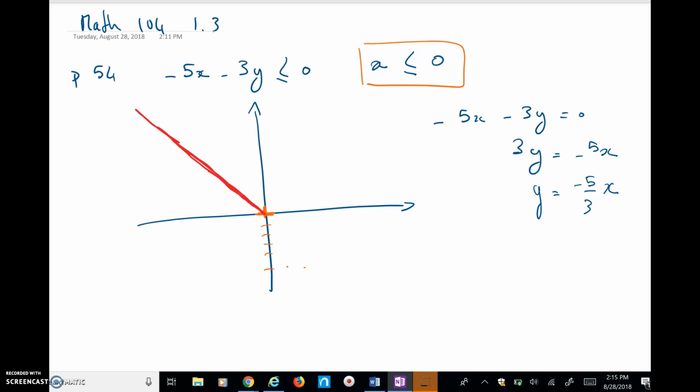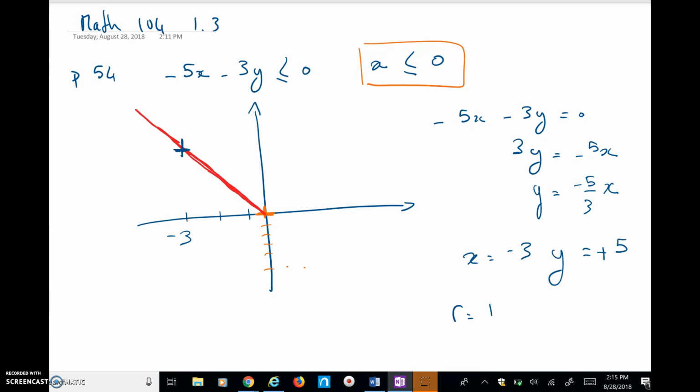But if you take another point right here, so if I take x equal negative 3, when x equal negative 3, y is going to be equal to positive 5.